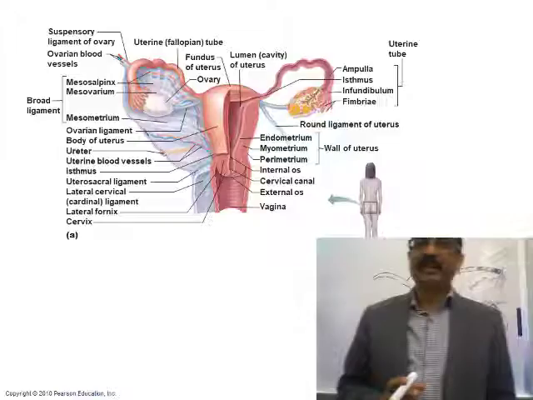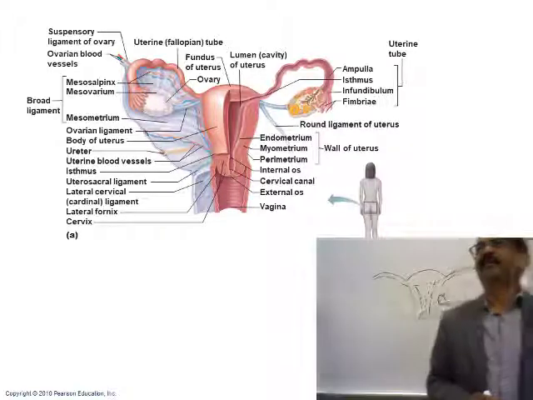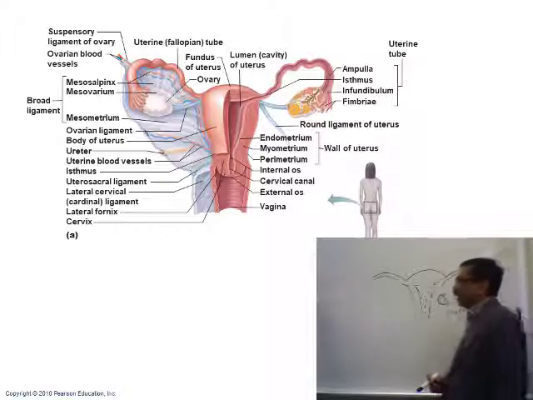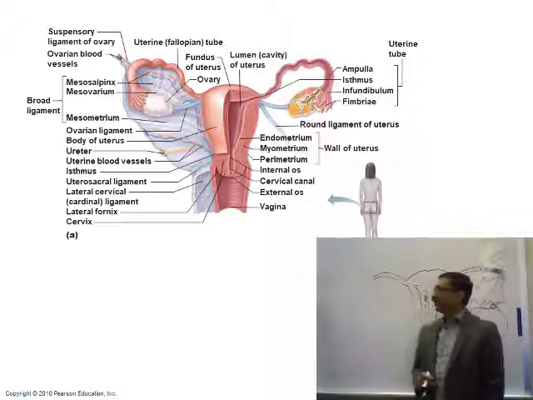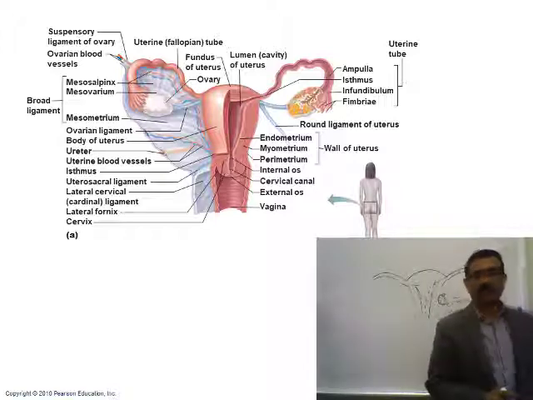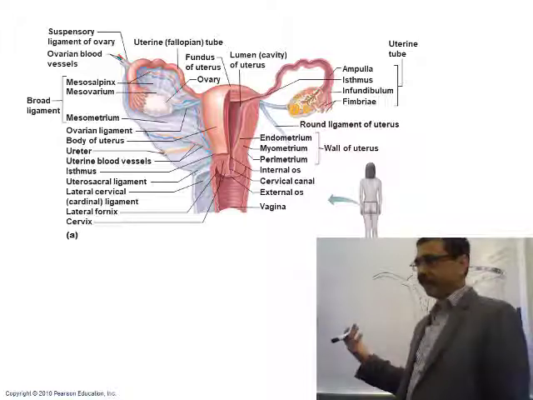Now we'll see the uterus. The uterus is a house, as I mentioned, and there is a cavity inside it. That cavity is called the uterine cavity or cavity of uterus, also called lumen of uterus. Most of the time we say uterine cavity.